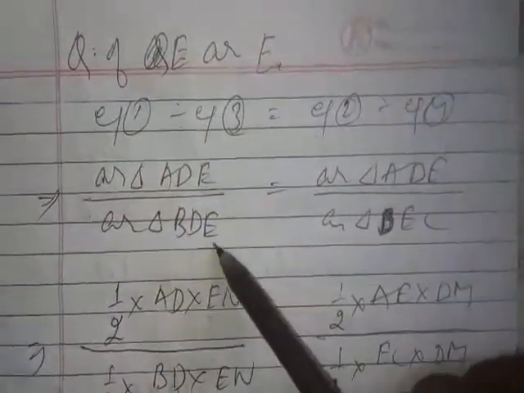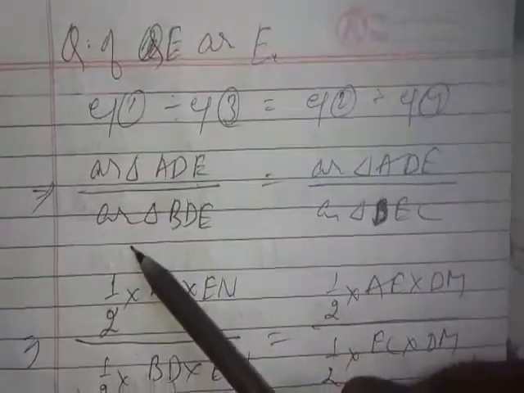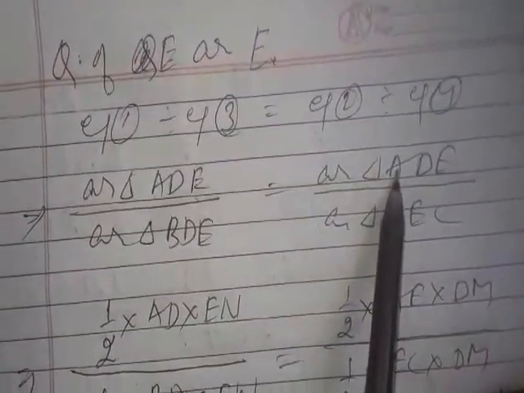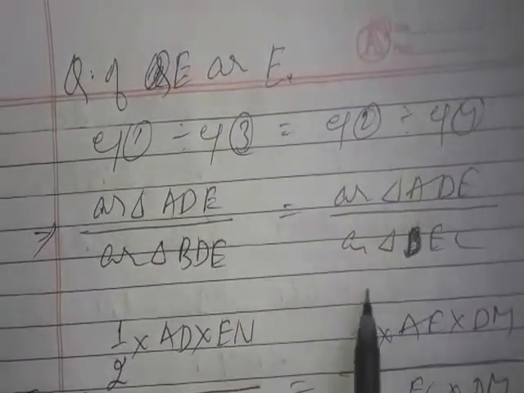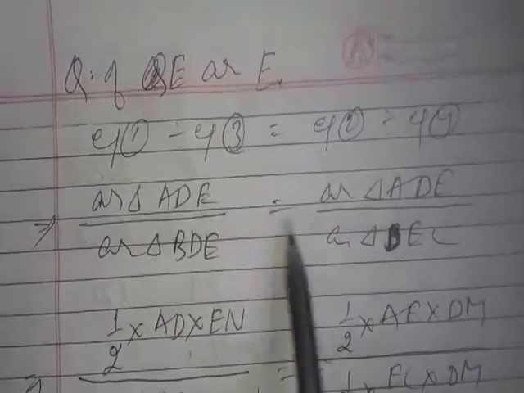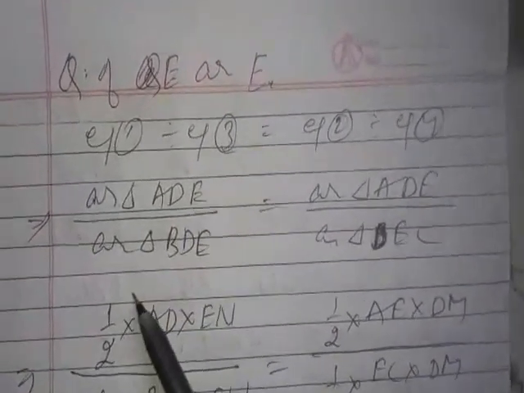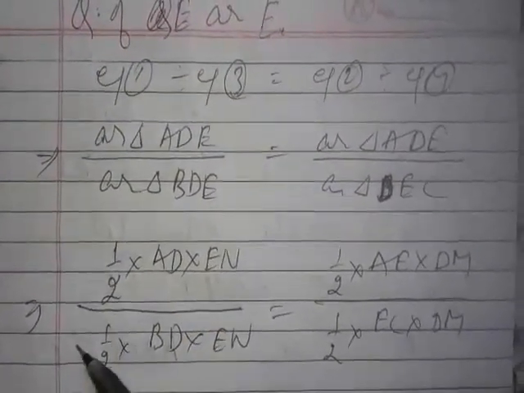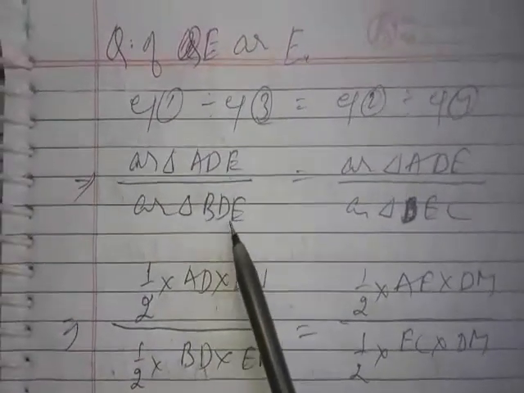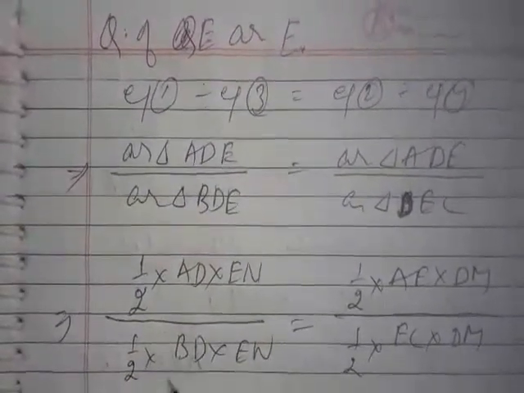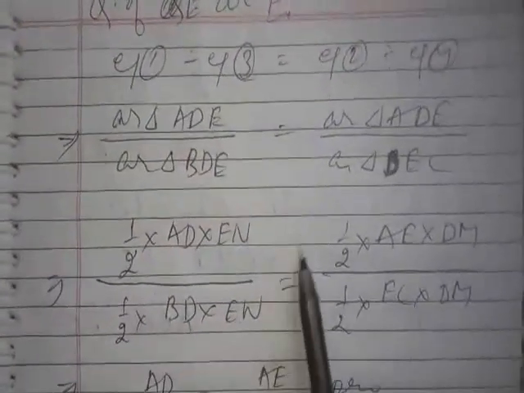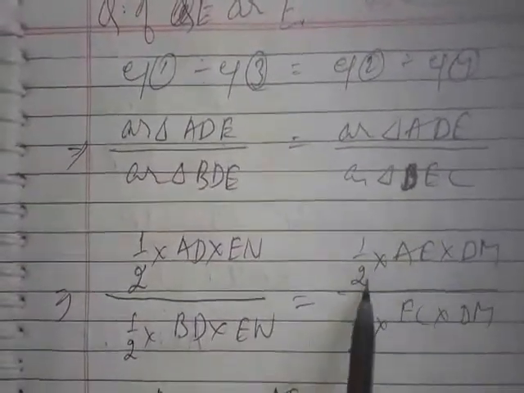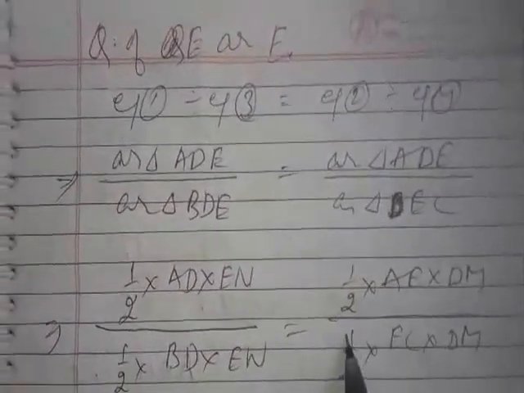The quotient of these two is equal to the quotient of equation 2, area of triangle ADE, and equation 4, area of triangle DEC. Area of triangle ADE is half AD into EN and area of triangle BDE is half BD into EN. Similarly, area of triangle ADE with base AE is half AE into DM, and area of triangle DEC is half EC into DM.